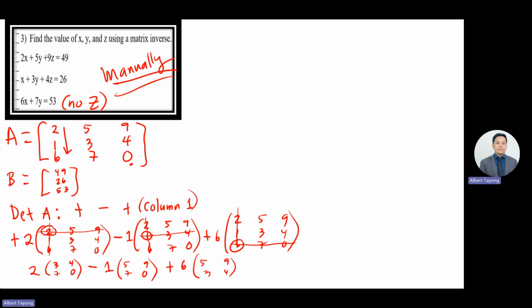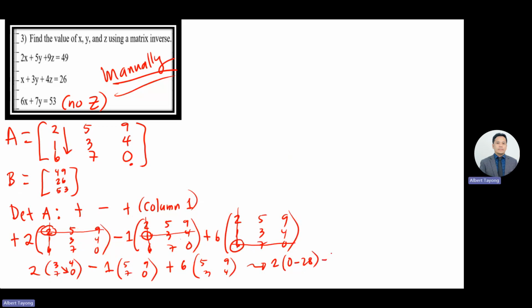So the remaining is 5934. Okay. So this would be, you have to use the left diagonal first. That will be 2 times 0 minus 28. You multiply 3 times 0. This is always minus 7 times 4.